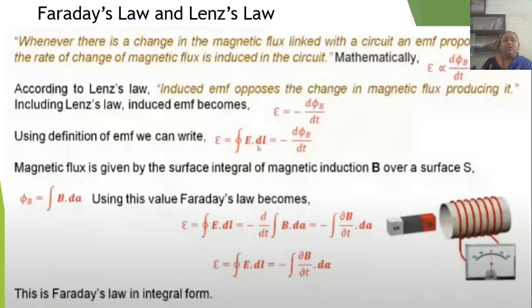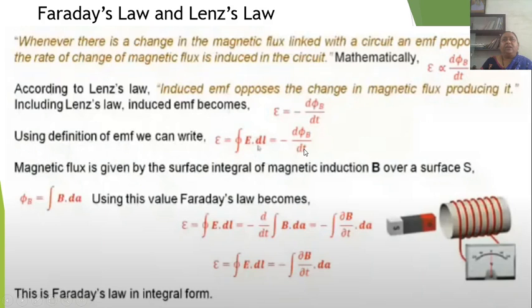Including Lenz's law, induced EMF equal to minus dΦB/dt, and using the definition of EMF we can write induced EMF equal to closed integral E·dl equal to minus dΦB/dt.